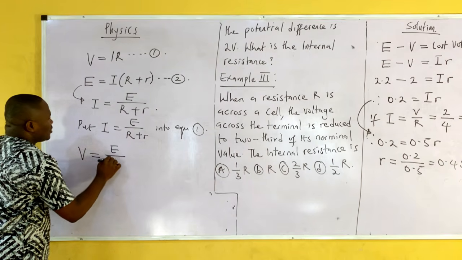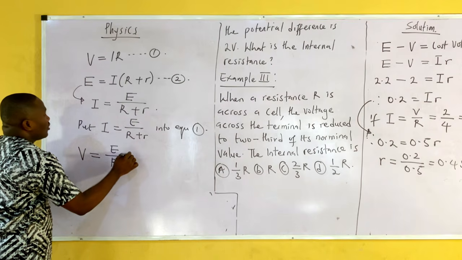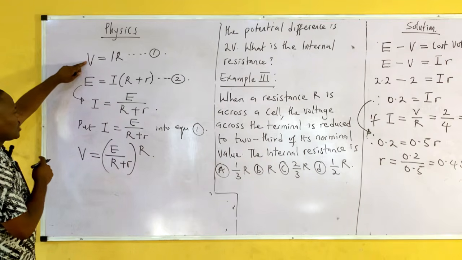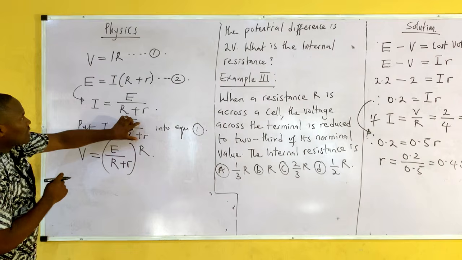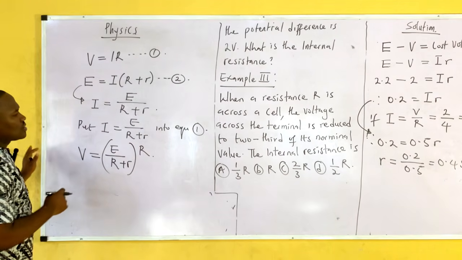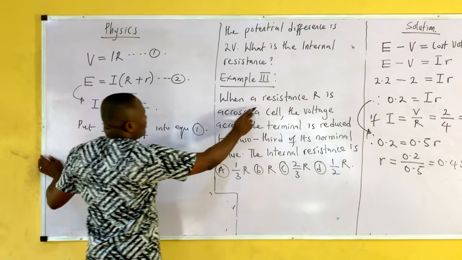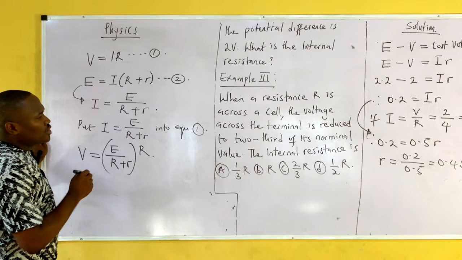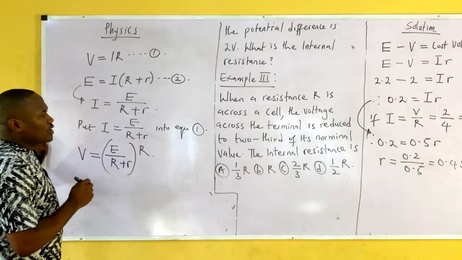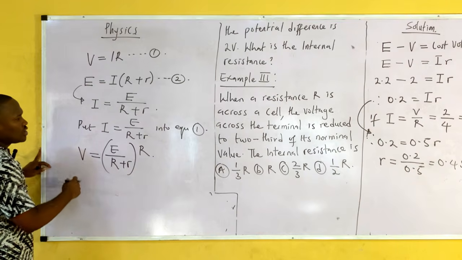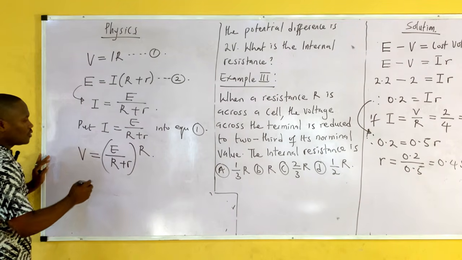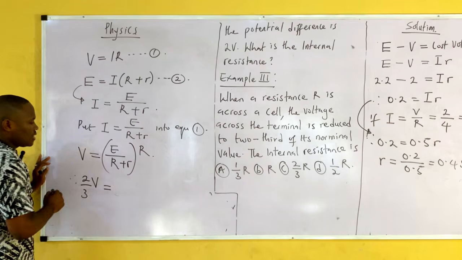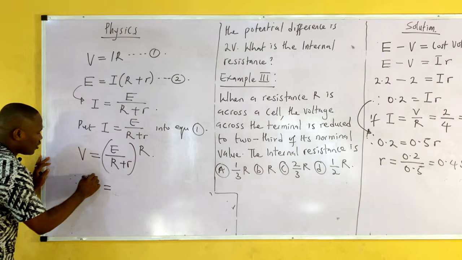E over R plus r, times R. That's what this will become, because I'm putting everything here into equation 1. Now look at what the questioner says. It says when a resistance R is across a cell, the voltage across the terminal is reduced to two-thirds of its nominal value. So therefore 2 over 3 of V is equal to 2 over 3, sorry, of E.